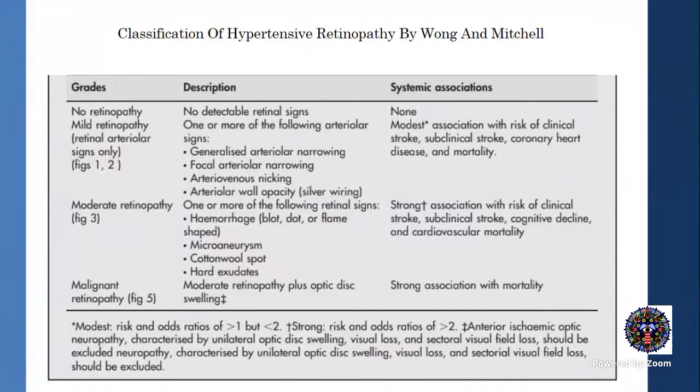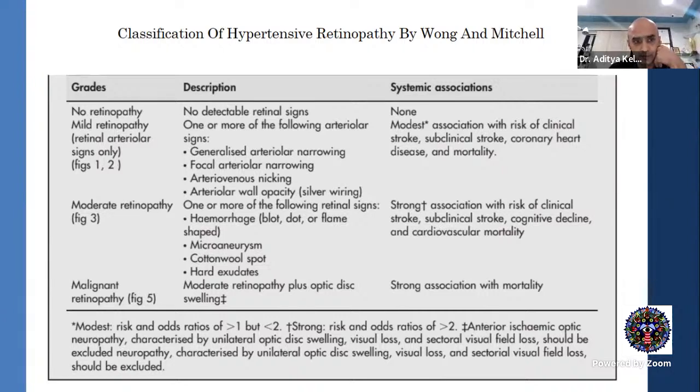Sir, I meant that we should mention the grade of systemic hypertension along with grade of retinopathy. Both should be mentioned, or we can mention right away retinopathy gradings. If you're talking about the exams, you should write only about the retinopathy gradings, because I think the hypertension grading is something which a physician should do. But it's not very difficult if you want to write it along with your findings. No harm done.